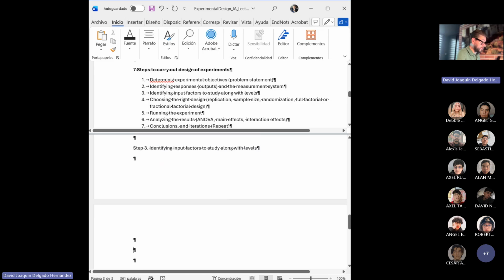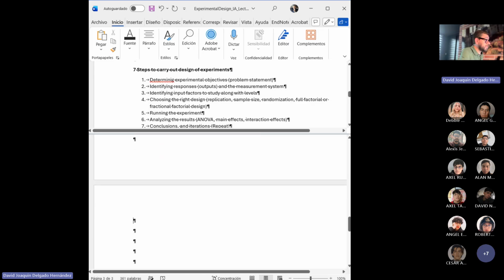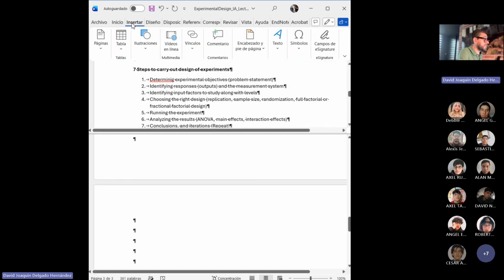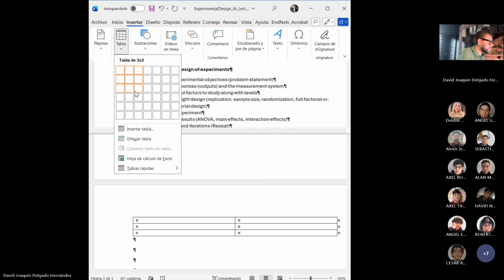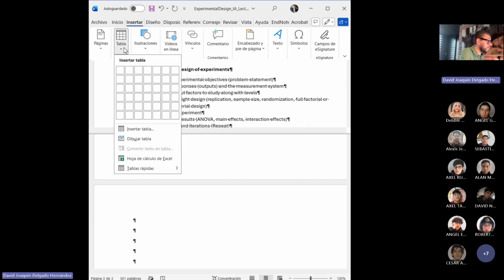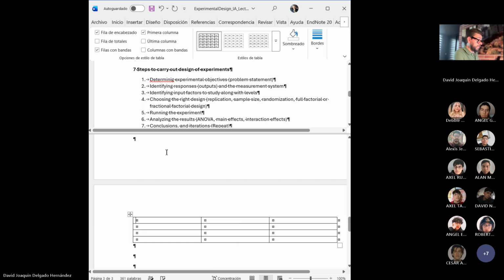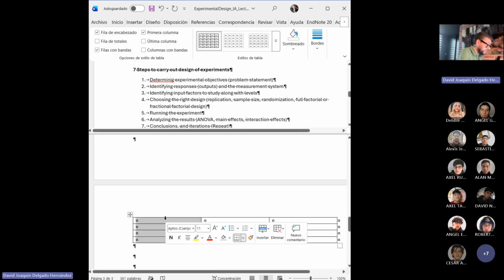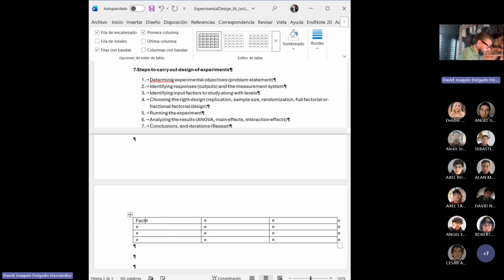So let us insert table. Okay, so here are the factors. And here are the low level, which is represented by -1. We already saw this last lecture, and the high value, which is +1.